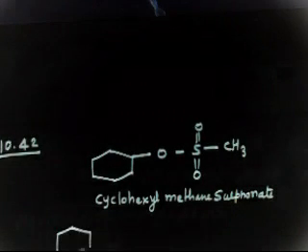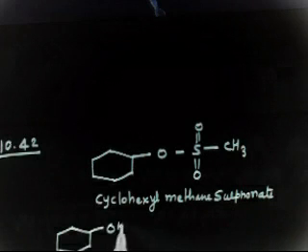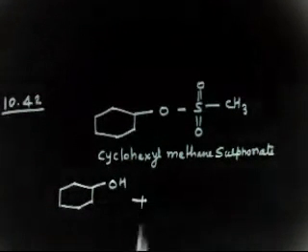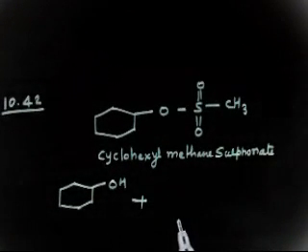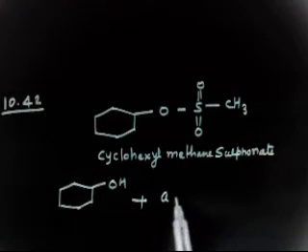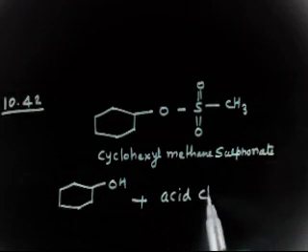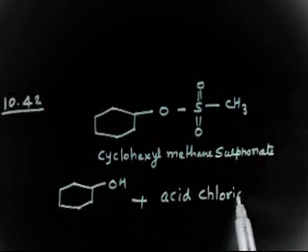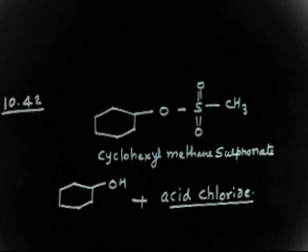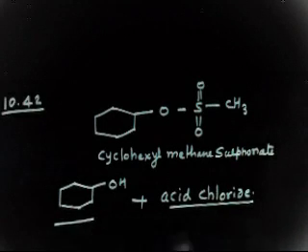You have been given this compound, cyclohexanol, and you can take whatever you want, acid chloride. How can you prepare this compound using cyclohexanol plus acid chloride?